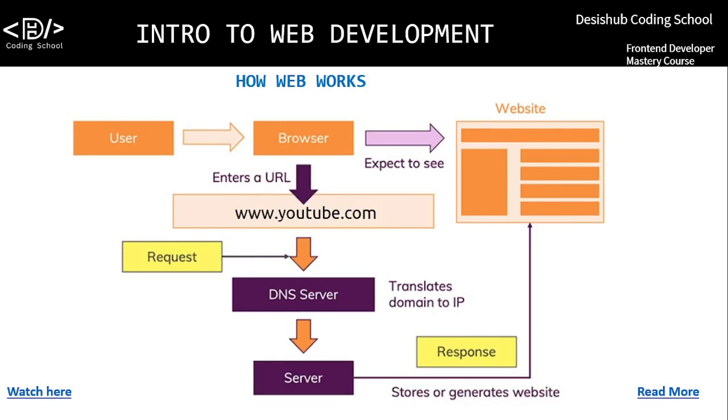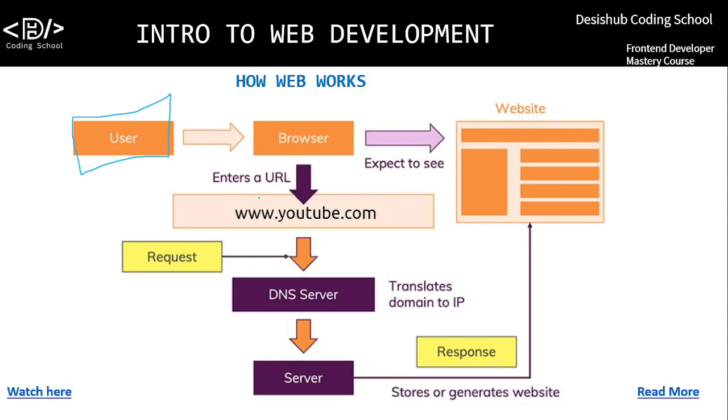So here I have a diagram showing how the web works, and in most cases what happens is that a user, so this user can be a person that you have told you have a website. This person can be a client. This person can be any person who wants to access your website.